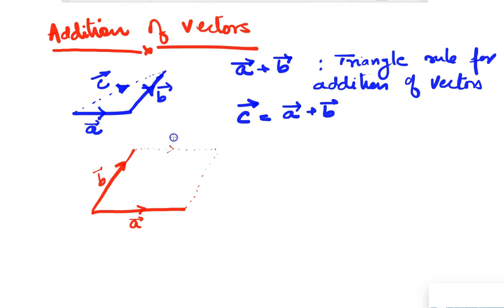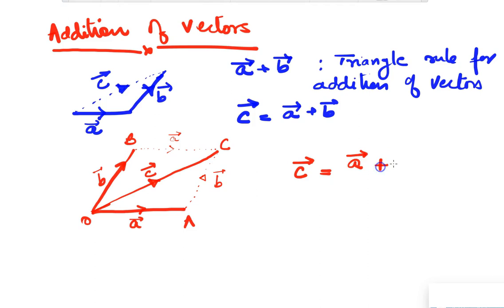So this is vector A and then this is vector B. Then what the law says is if this is a parallelogram, then C vector, which is the diagonal of the parallelogram, is nothing but the sum of the sides of the parallelogram. Now this is a derivation from the triangle law.